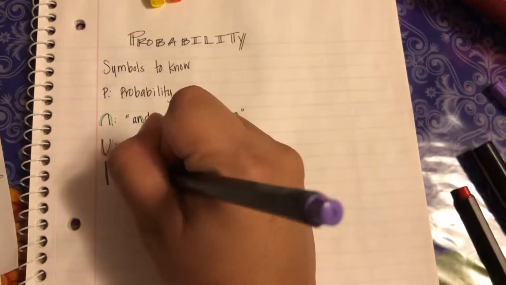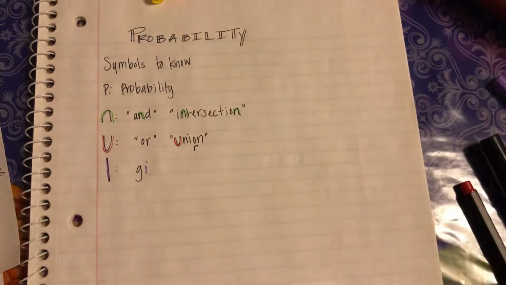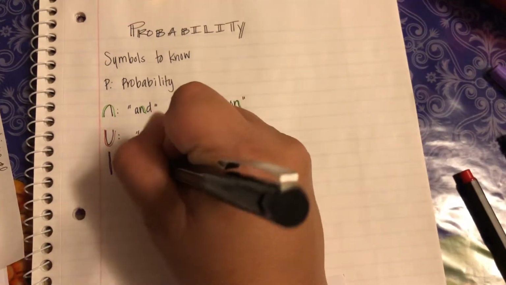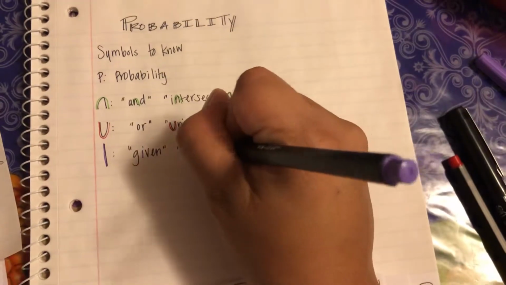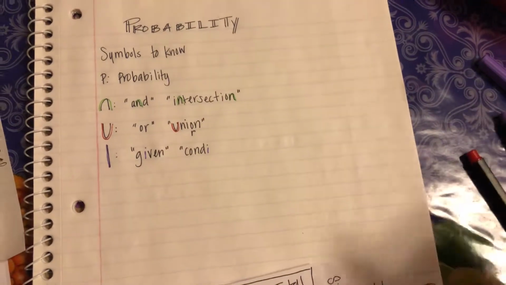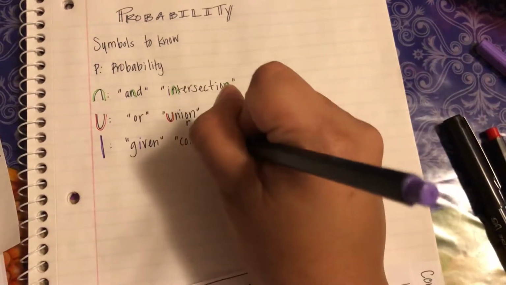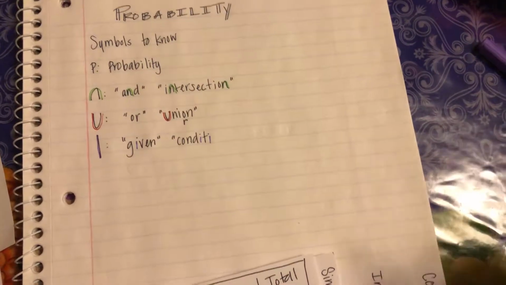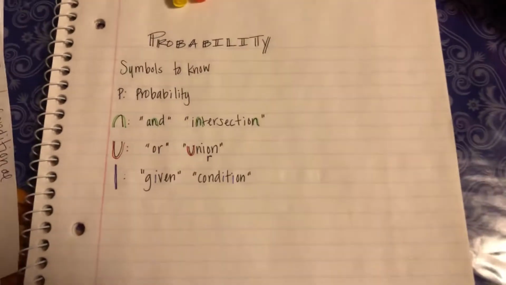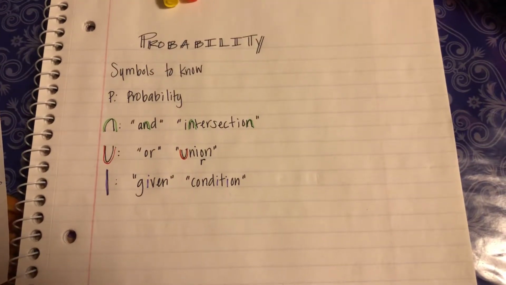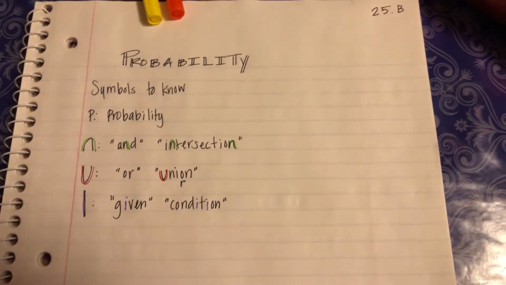So I'm gonna make my I look like that in purple. Given. Or we have the word condition, okay? So there's a condition. All right, those are the symbols.